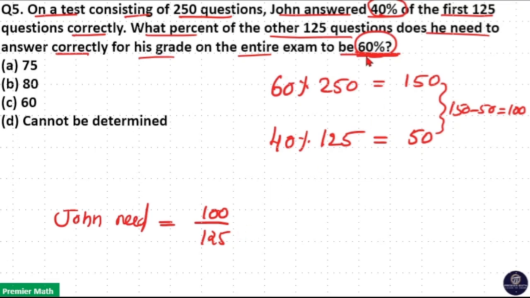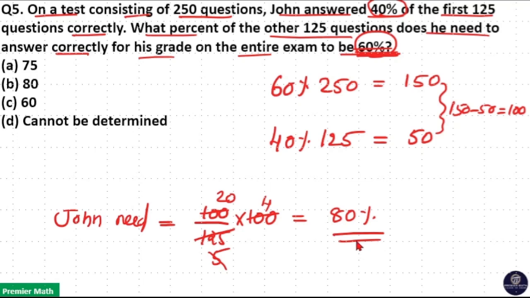So which percentage is equal to 25 into 5, 125, 25 into 4, 100, 5 into 20, 100. So 80% of the questions he needs to get correct in the remaining part to get 60%. So option B is your answer.